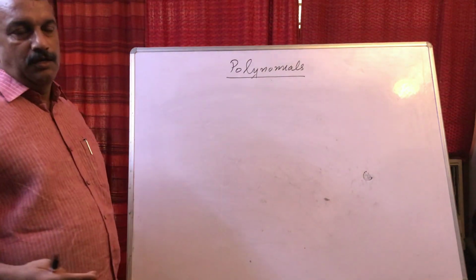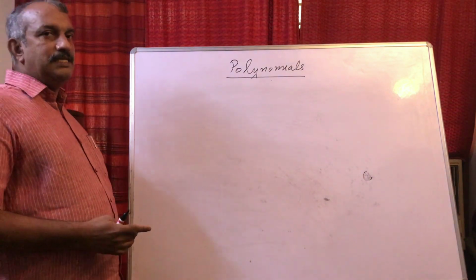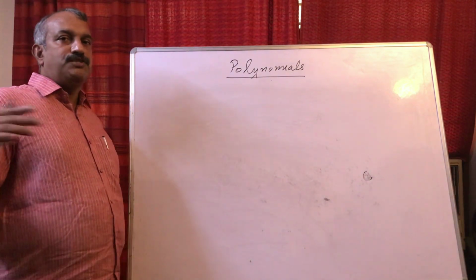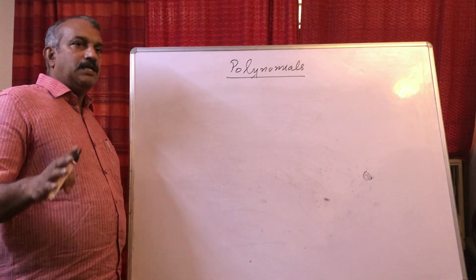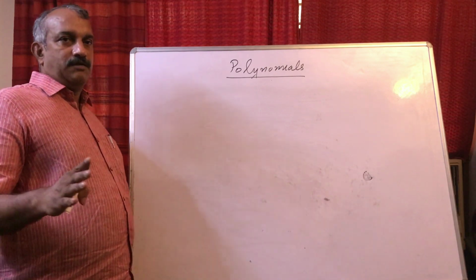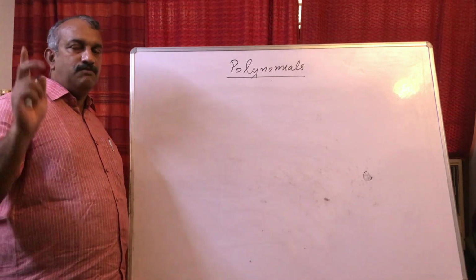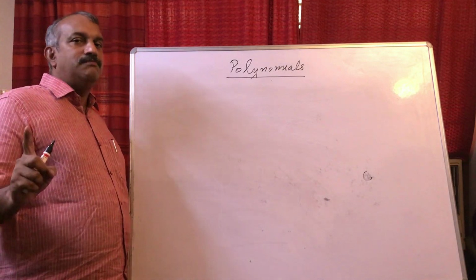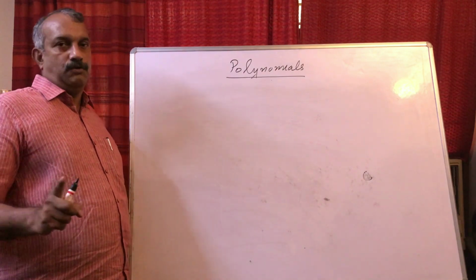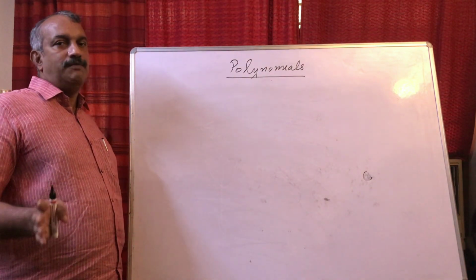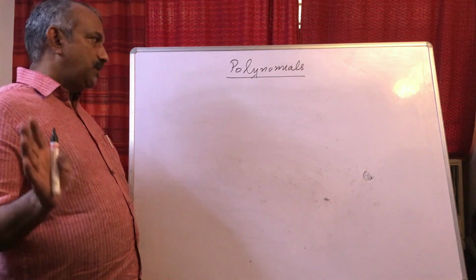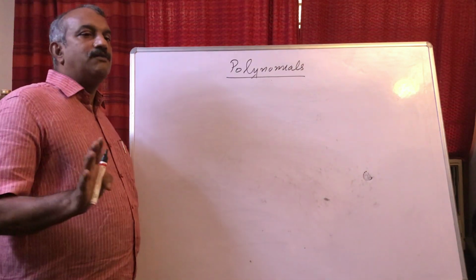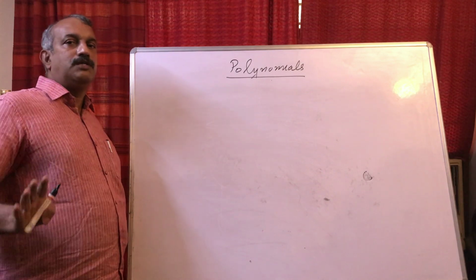Now next one, relationship between degree and number of zeros. A linear polynomial, which means a polynomial with degree 1, can have a maximum of 1 zero. Most probably it will have a zero, and even if there is a zero, it can have 1 zero only, not more than 1.